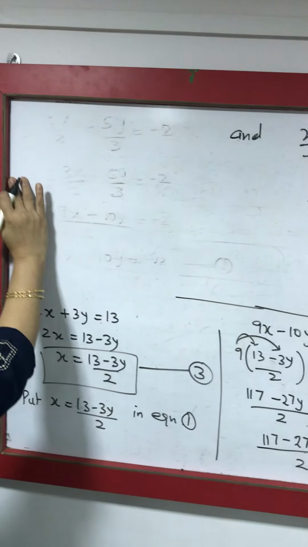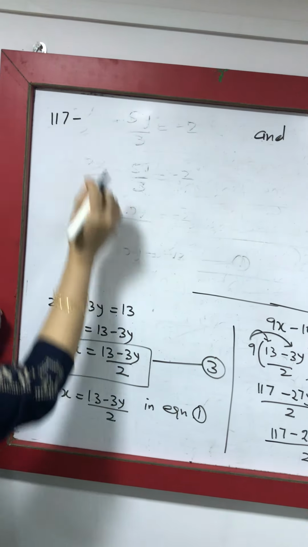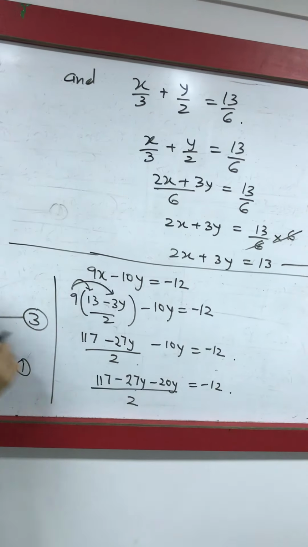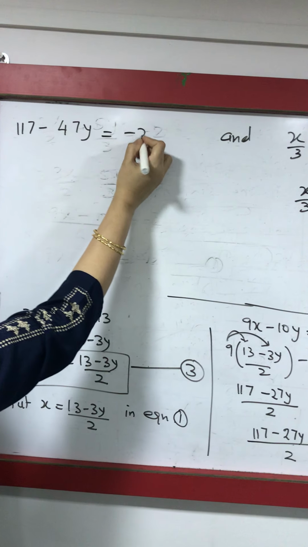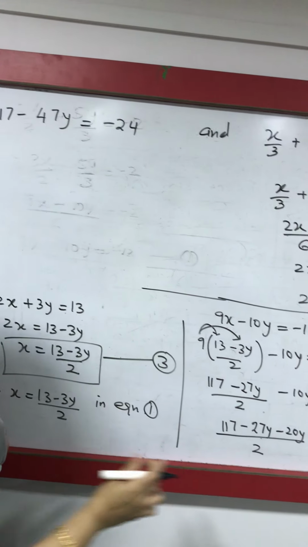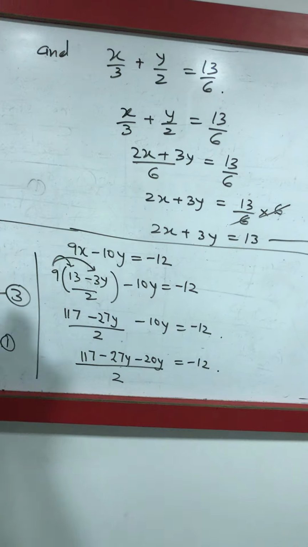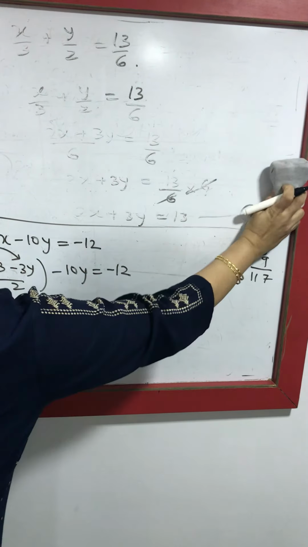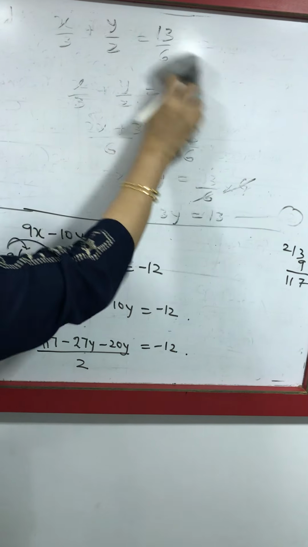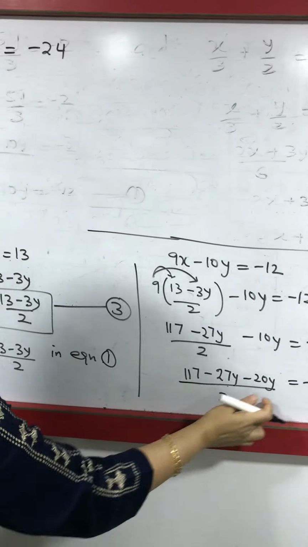So this will be 117 minus, these two will add up to form minus 47y is equals to minus 24, and that is 2 into negative 12. So I have cross multiplied this 2.